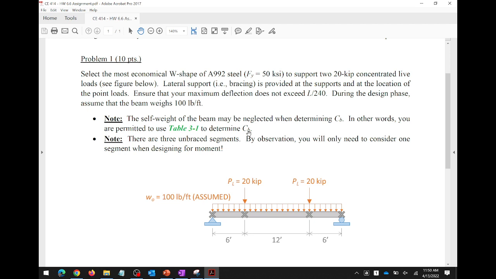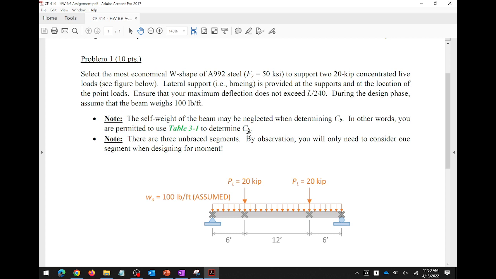Point two, which segment, end or middle, has the highest bending moment? The middle, right? It's a simply supported beam with symmetric loads. The max bending is going to be in the middle. Now, which segment has the lower CB value, the end or the middle? The middle, right?